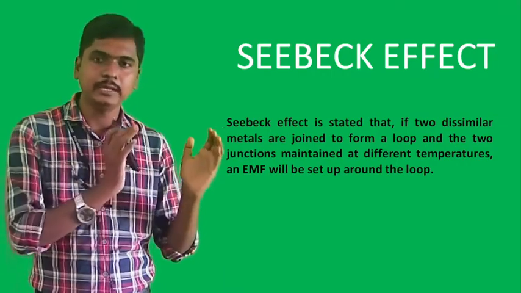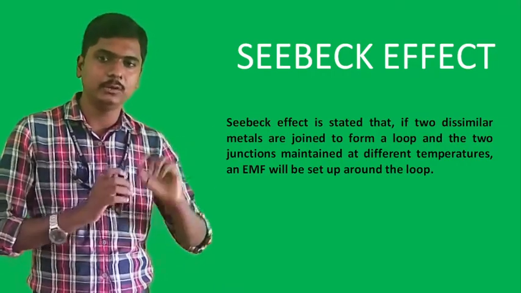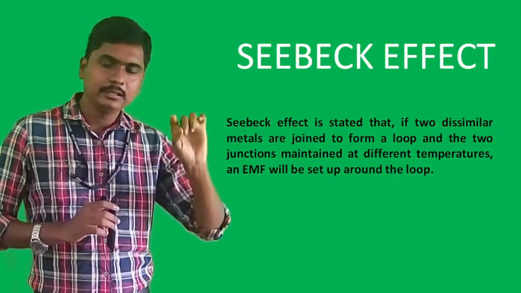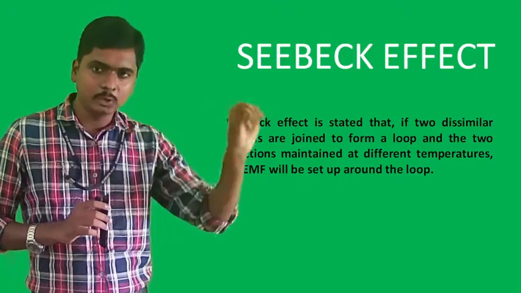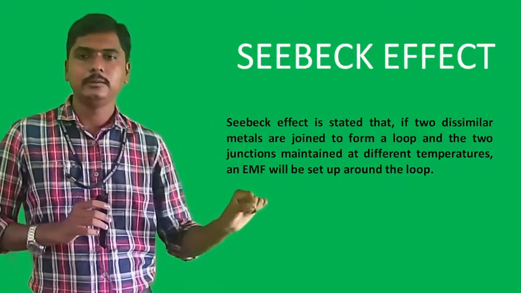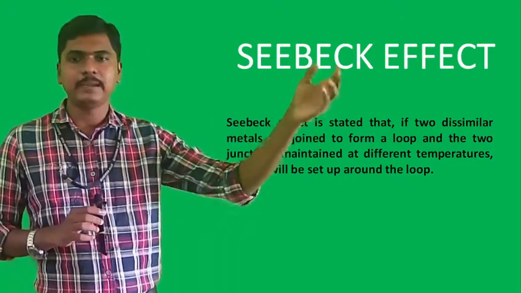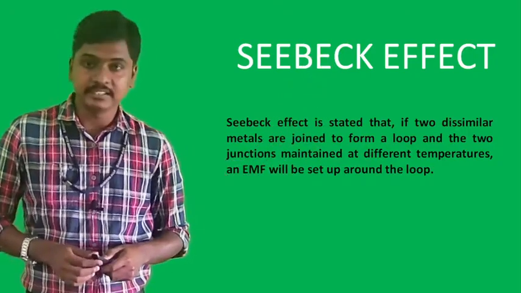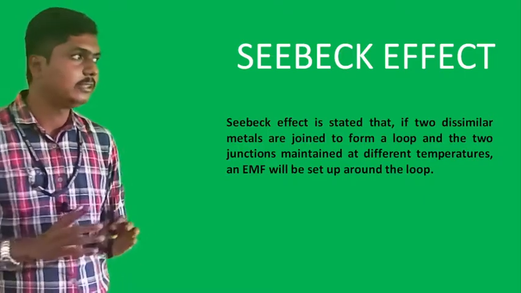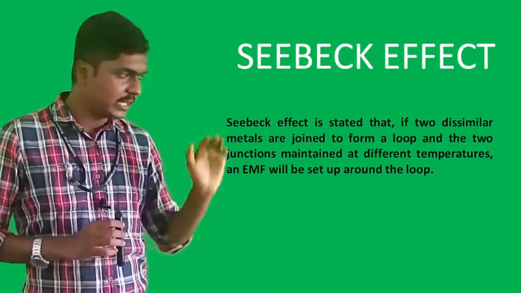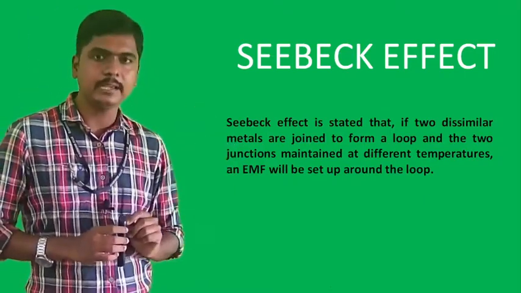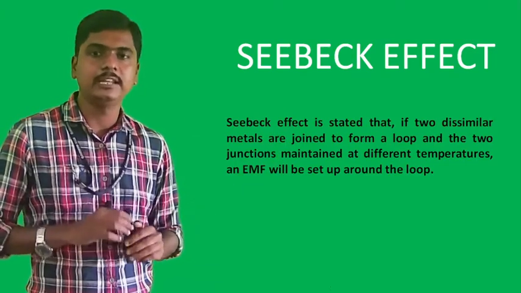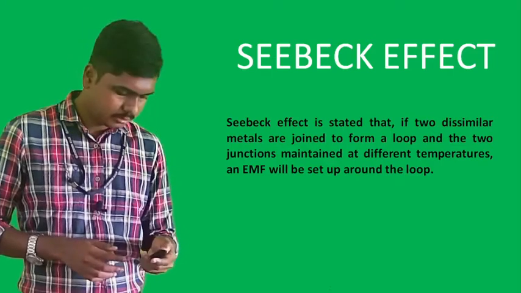In that case, if we combine those two metals and make a loop or a circle like that, then EMF will be generated and current will flow through the material, and by applying some load at the terminal, we can get electricity. This is the phenomenon of the Seebeck effect. Based upon this principle, we have constructed the thermoelectric generator.